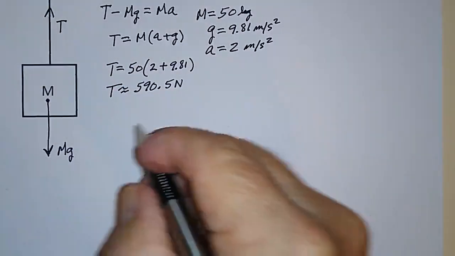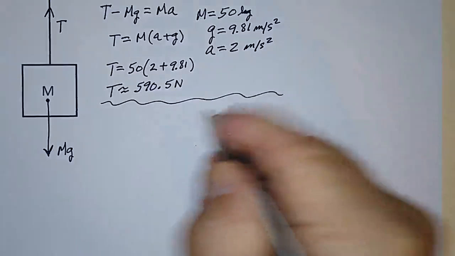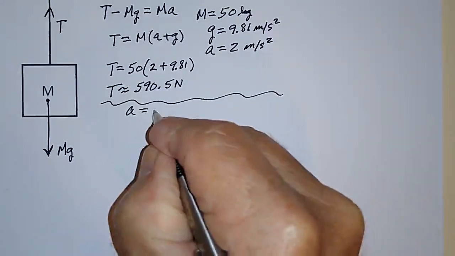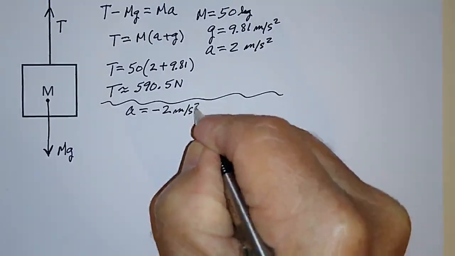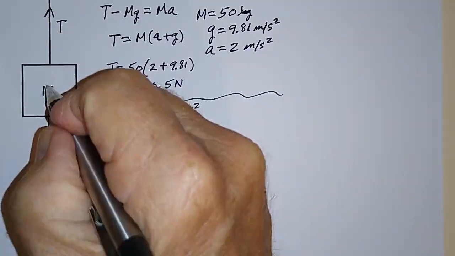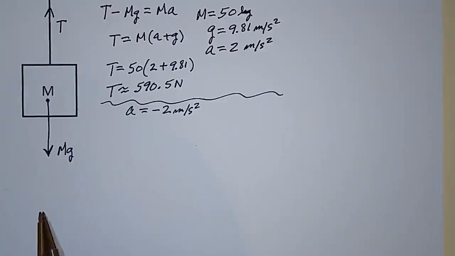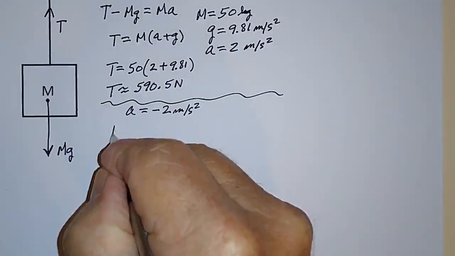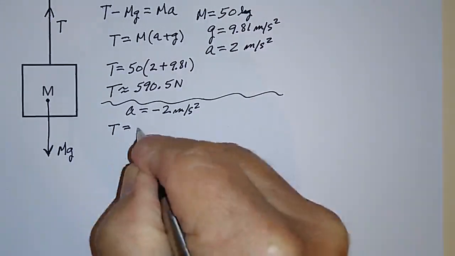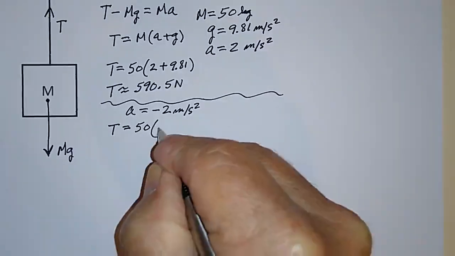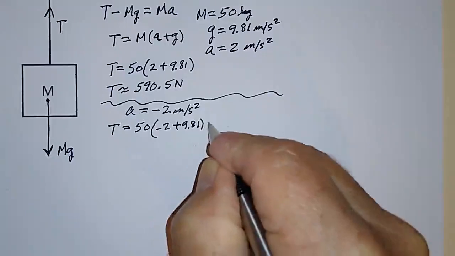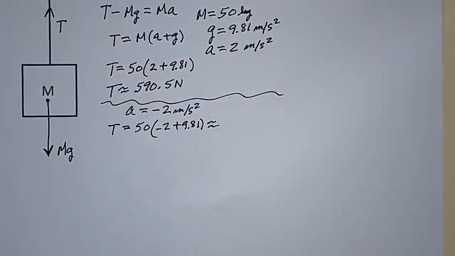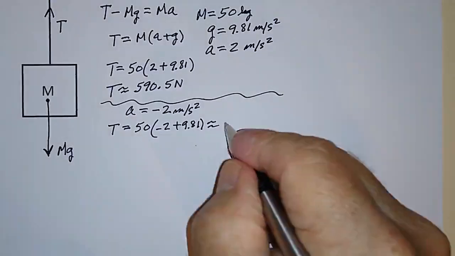Now let's say, for example, that a is equal to minus 2 meters per second squared, i.e. it's accelerating downward. Then what is the tension in the cord? The tension is equal to 50 times minus 2 plus 9.81, and that works out to be, if you plug it in the calculator, 390.5 newtons.